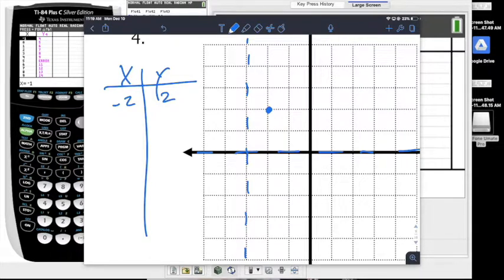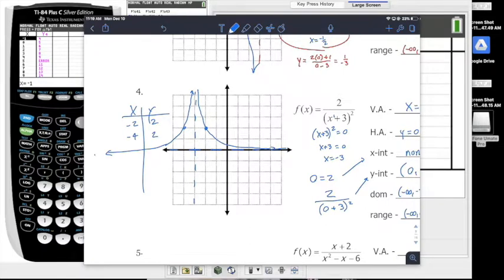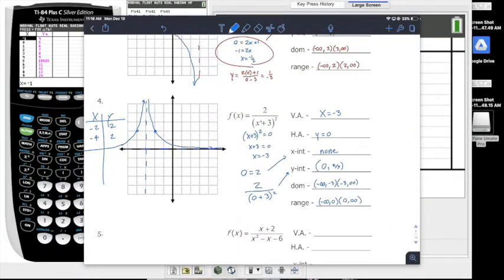But then if you plug in negative 4, and this is what makes this weird, you actually get positive 2 as well. So it's over here. So the graph actually looks like this when you put it in your graphing calculator. It levels off on both sides, but it comes up to a little point up there in the middle. So the graph actually doesn't go below the x-axis at all on this one. So that's what makes this one a little bit different.